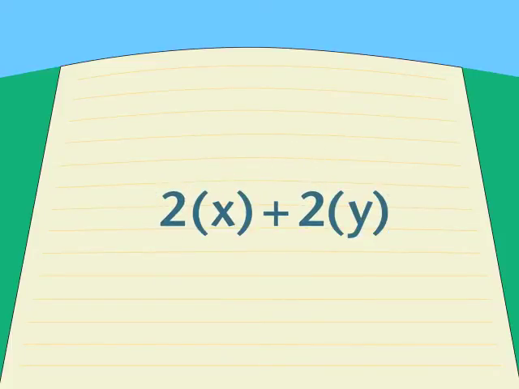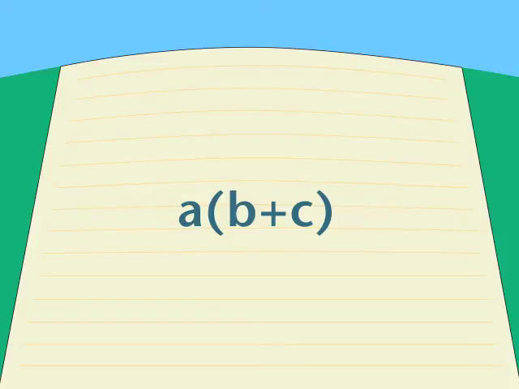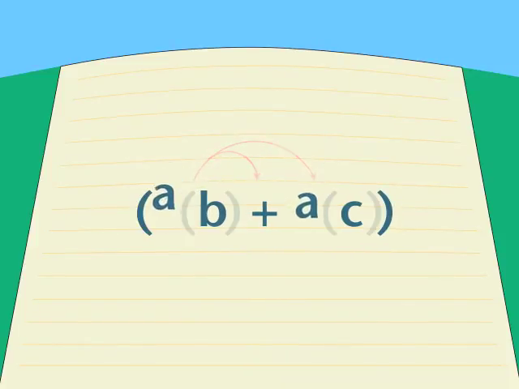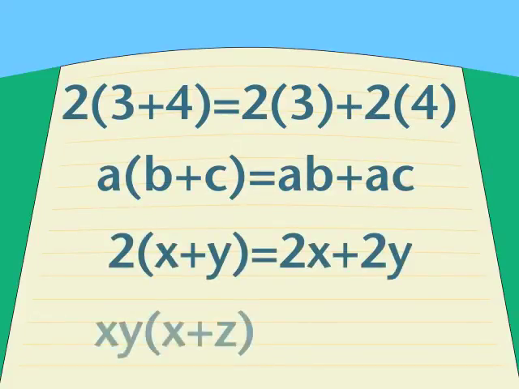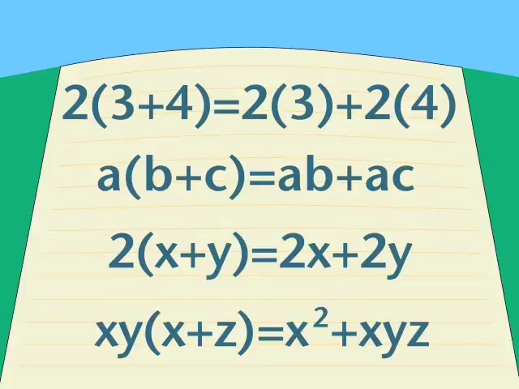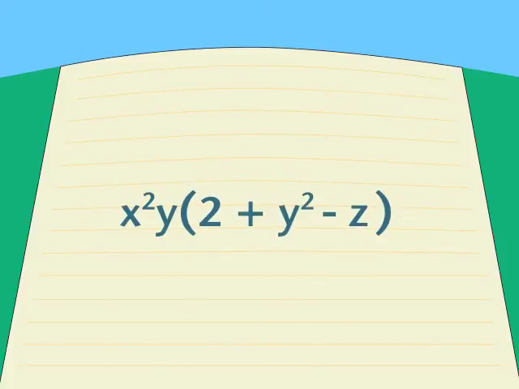When we substitute a times b plus c, same thing again. xy times x plus z may appear more complicated, but look, it's exactly the same pattern. And if we have 3 terms inside the brackets instead of 2, it doesn't change a thing. It just adds one more term to be multiplied.